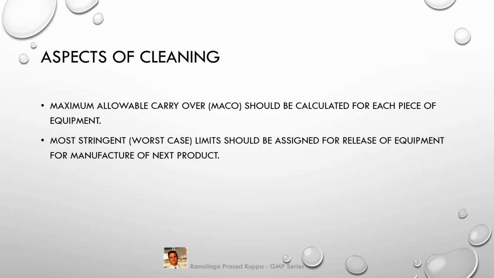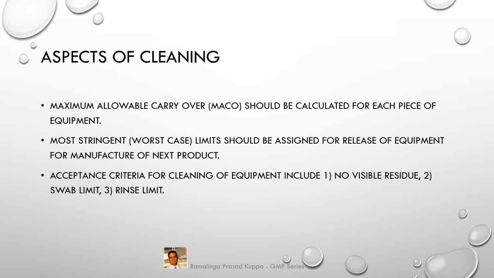Most stringent, that is the worst case limits, should be assigned for release of the equipment for manufacturing of the next product. Worst case means the lowest MACO value among all the shared processes. If the lowest is selected, it will be suitable for manufacturing of any product in that shared list.